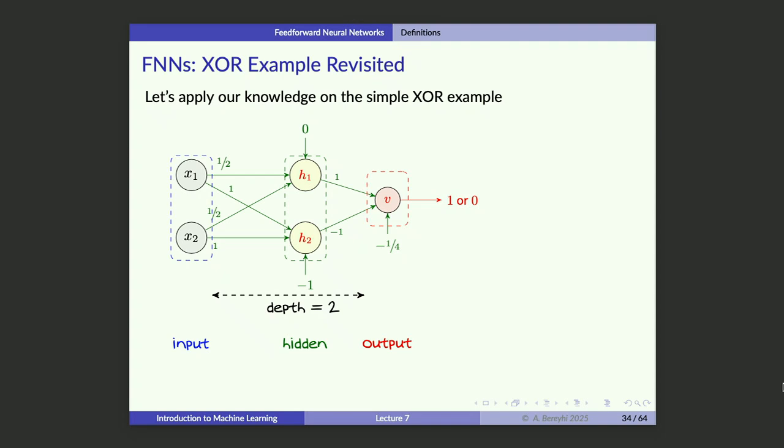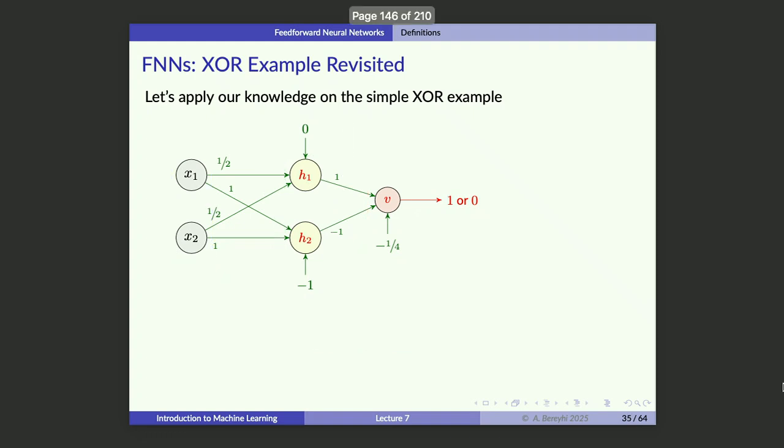The depth is 2, and the width of the first two layers, input and hidden, is 2. The width of the last layer is 1. One question, is it a deep neural network? No, it just has one hidden layer, right? If I add one other hidden layer, then it's going to be deep, okay? Now, the width here is 2, the width here is 1, and that's it.